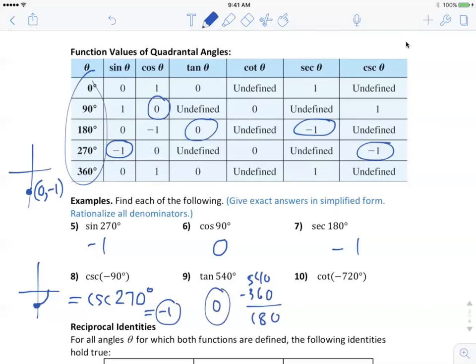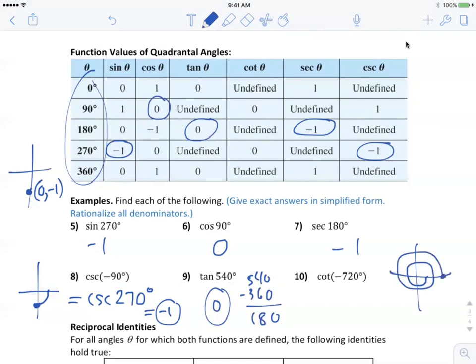And then finally, -720. 720 is a multiple of 360, right? So 720 is like two 360s. You go clockwise once, clockwise again.